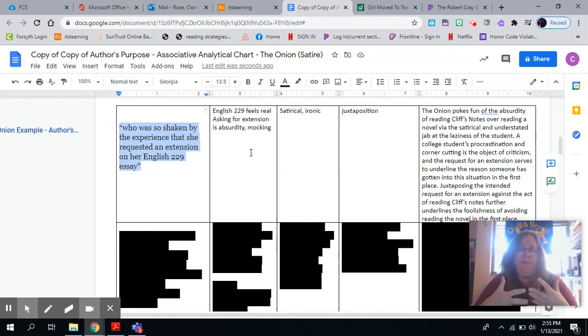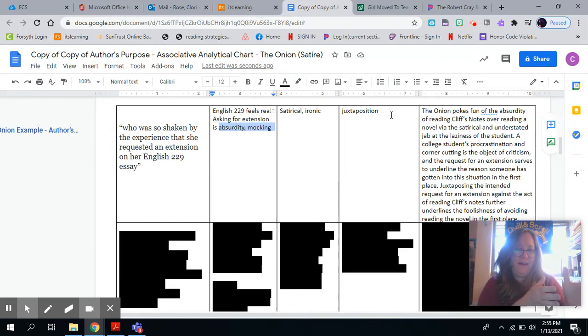So there's that element of asking for an extension, that those types of things actually do happen. But the absurdity, the thing that's moving it into this satirical and verbal irony, is because it juxtaposes the idea that she took the shortcut anyway. She's already taken the shortcut reading the Cliff's Notes instead of the novel.